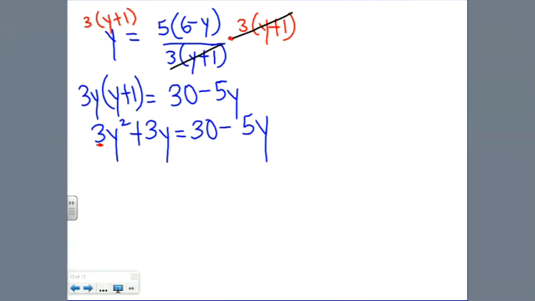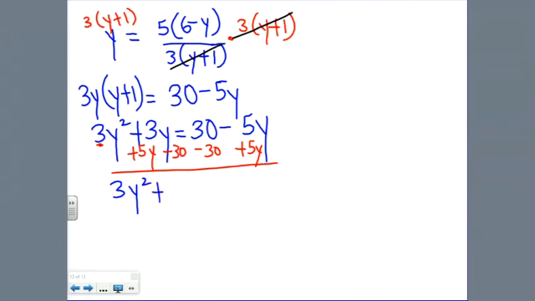So let's subtract 30 from both sides, and also add 5y to each side. And that gives us now on the left side 3y squared plus 8y minus 30 equal to 0.